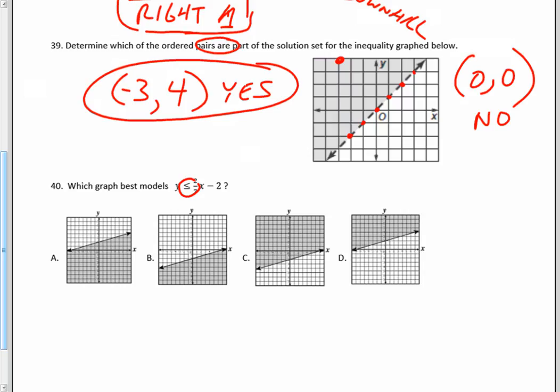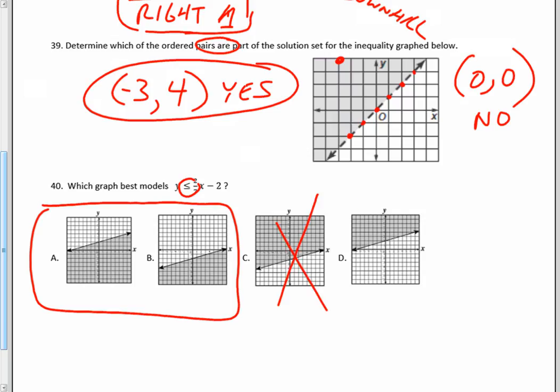Or A, B, and C. So it might be one of these two because those are shaded down. We're looking for the dark sections. So that's no good. That's no good. Which one has a line intercepting the y-axis at -2? A, right, B.